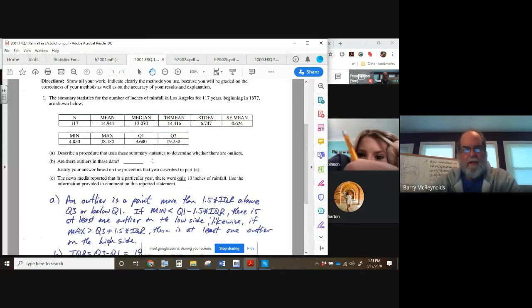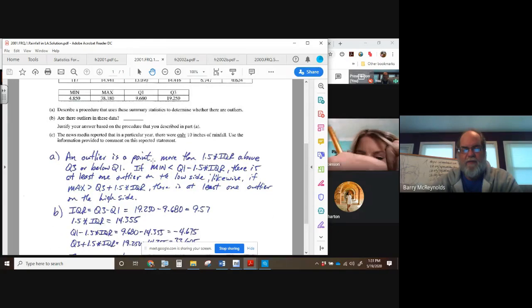But in any event, just to refresh our memory, an outlier is a point that is more than 1.5 times the IQR above Q3 or below Q1. You might recall, just visualize in your mind a box plot. Q1 and Q3 are on either end of the box.